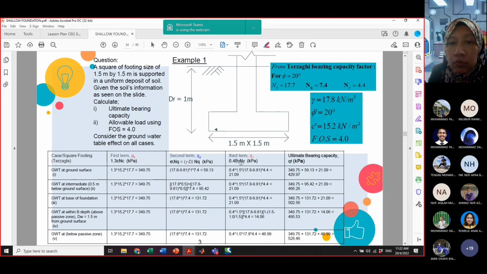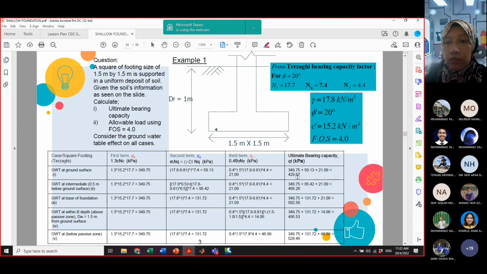So dalam term yang ada unit weight ni kita tak boleh pakai 17.8. Kita kena buat dia sebagai effective unit weight. 17.8 tolak dengan 9.81 darab dengan B 1.5, faktor dia 0.4 dan juga N gamma is 4.4. So you akan dapat 21.09.